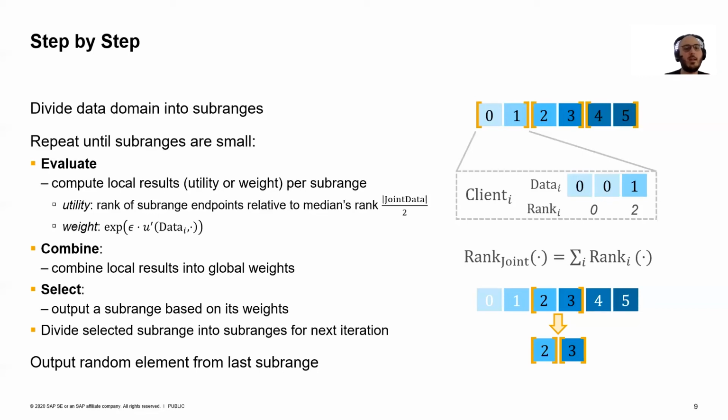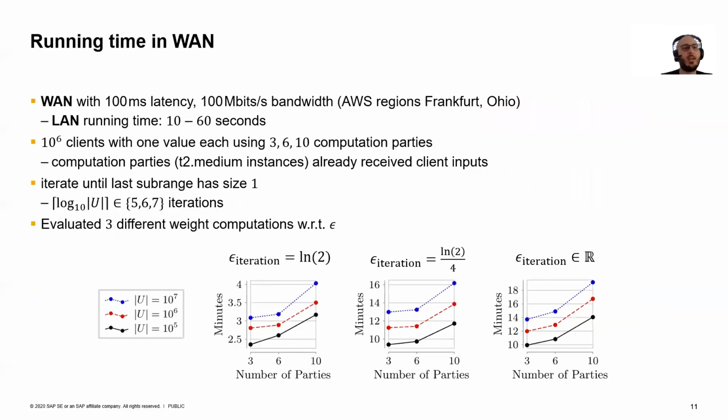Now we come to the evaluation. We consider the running time in a wide area network with 100 milliseconds latency and 100 Mbit/s bandwidth. Please note that LAN running time would be 10 to 60 seconds. However, to provide a more realistic evaluation in a real-world setting, we show the wide area network running time here.